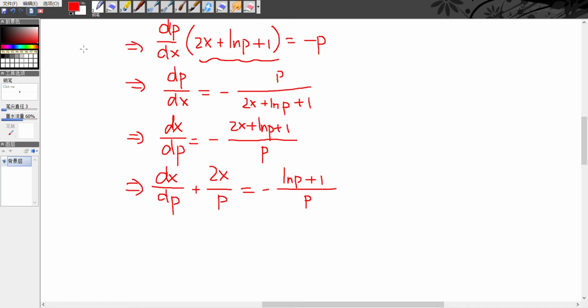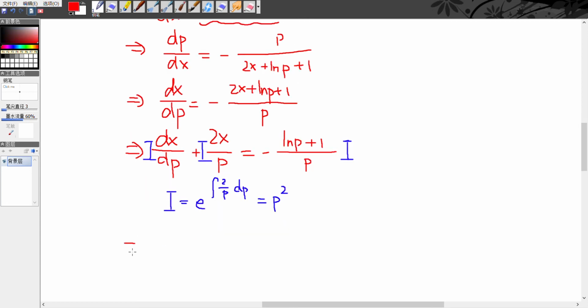And now we do the same, which is to multiply an integrating factor on both sides, and it is e to the power of the integral of 2 divided by p dp, which is p squared.